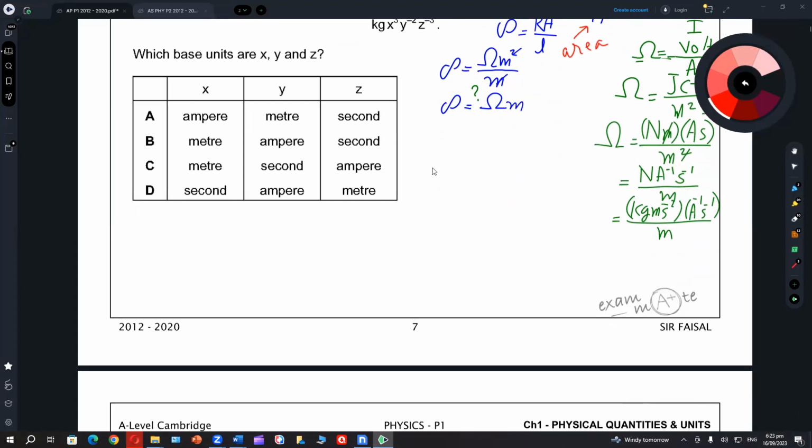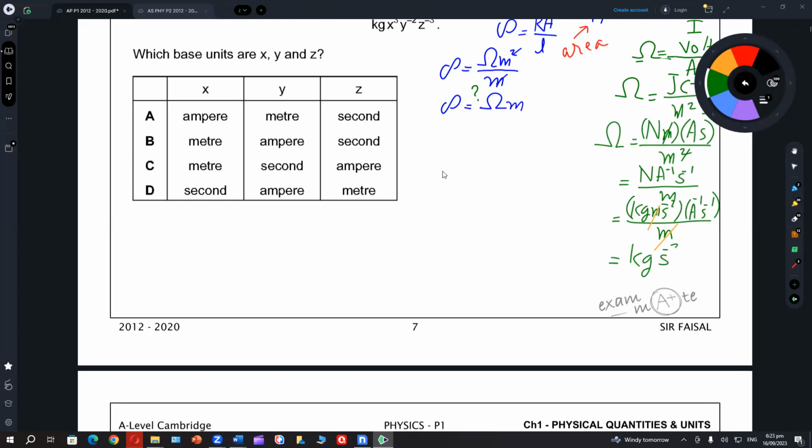Now, help me to simplify this whole thing. I can still cancel another meter. Kg, S -2 and S -1.